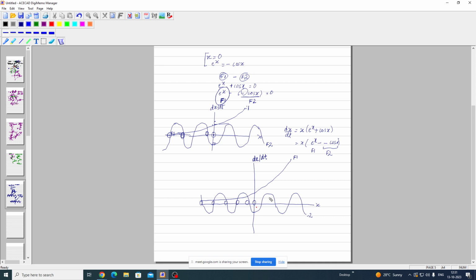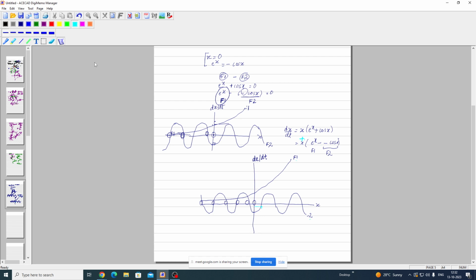To the right of x equal to 0, x is positive. Now, function 1 minus function 2: is it positive or negative? Think about it.